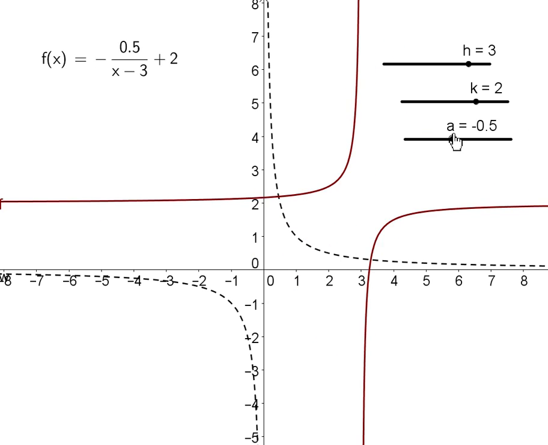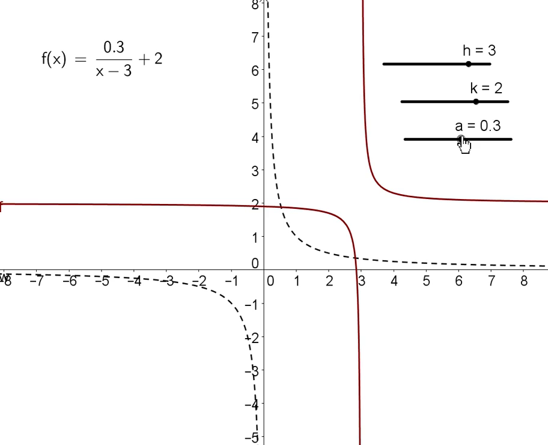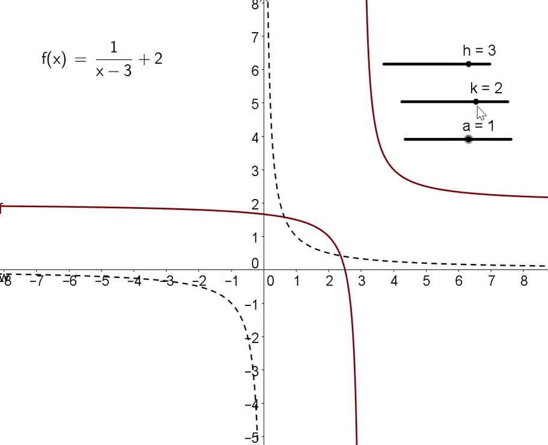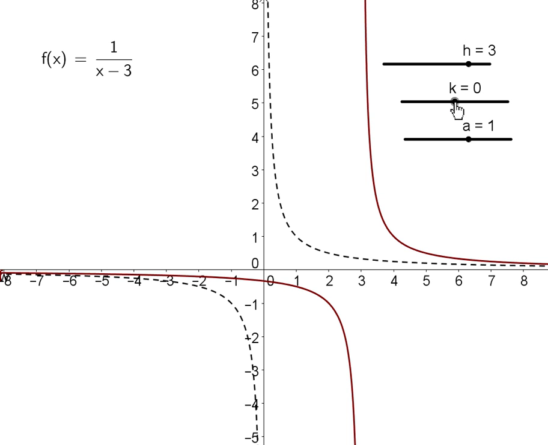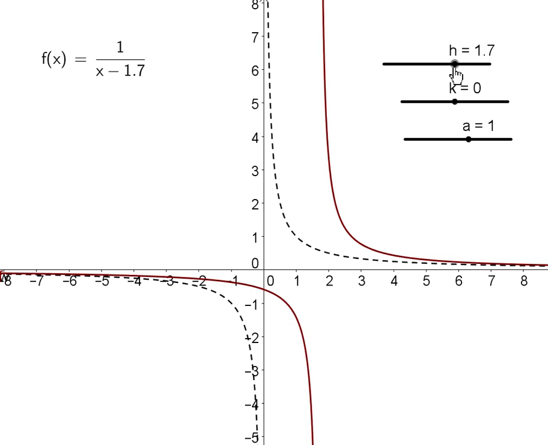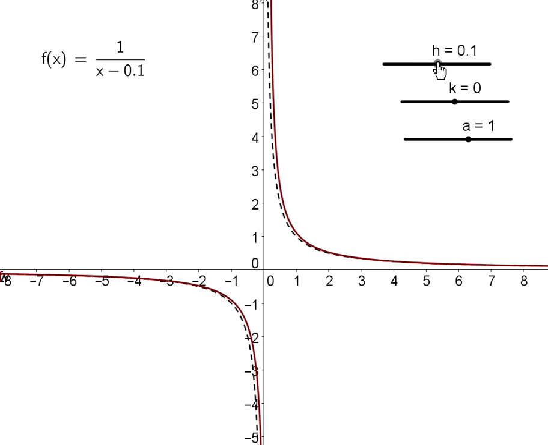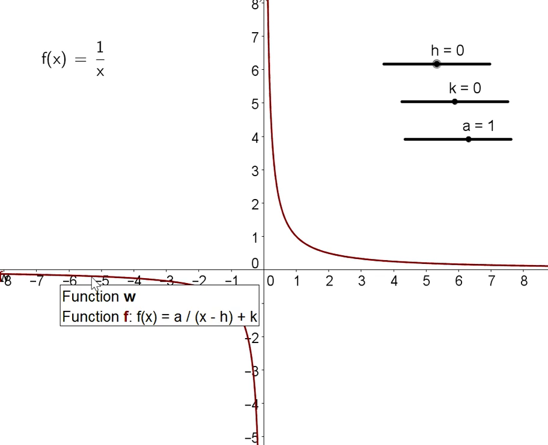Let me set this back to 1, and this back to 0 also. There is an asymptote here at the line y equals 0, or the x-axis.